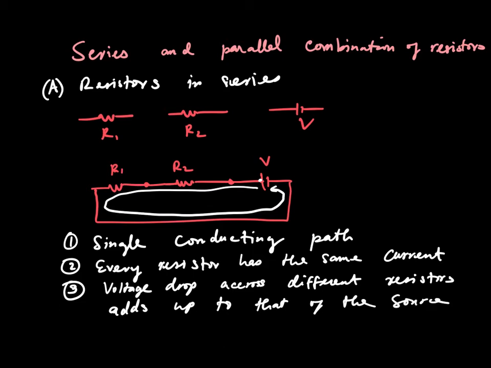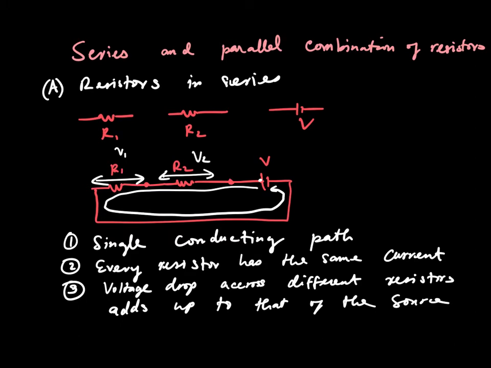So, for instance, in this diagram, the voltage drop across the first resistor, let's call it V1, and then the voltage drop across the second resistor, let's call it V2.